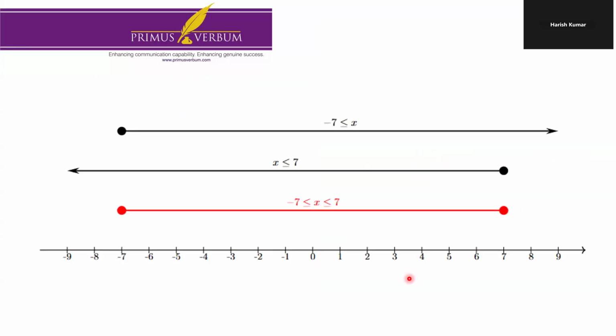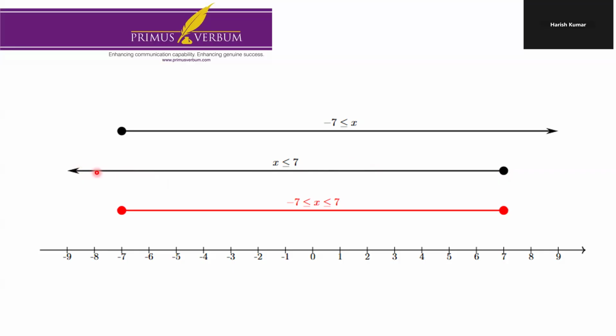Now let's plot this on the number line. What do we get? Here you see that one of the equations is x is greater than or equal to -7. It starts from -7 and goes to plus infinity. The other equation is x is less than or equal to 7, which means it starts from 7 and goes to minus infinity.